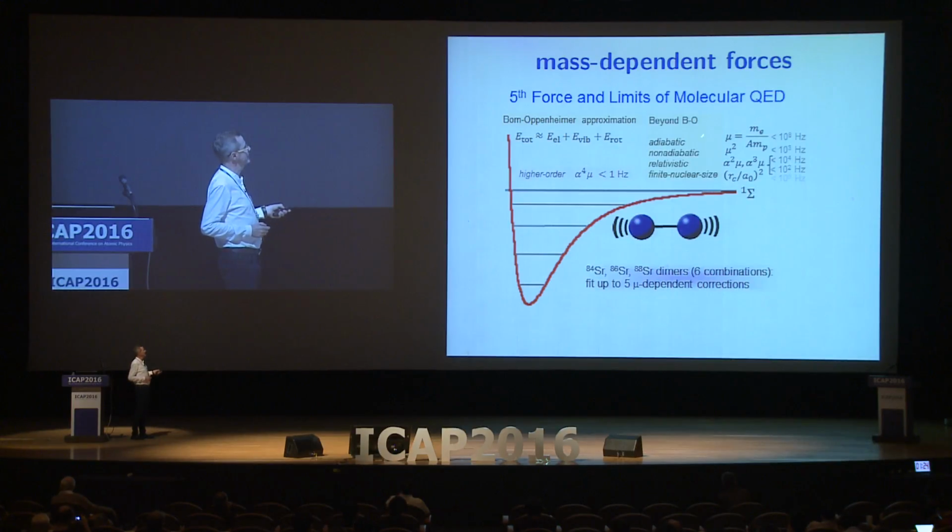We have to include the adiabatic correction, which is proportional to the ratio of electron to the proton mass, then non-adiabatic, which is proportional to the square, then relativistic and QED, which is alpha square mu and alpha cube mu, and finite nuclear size.